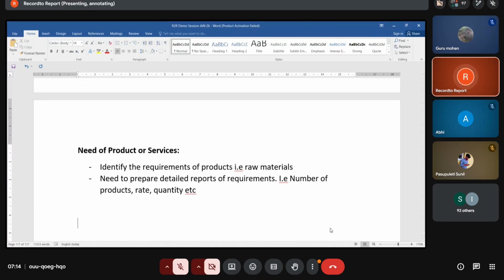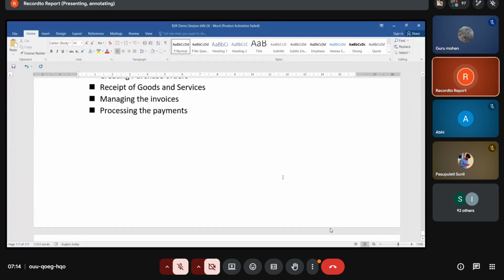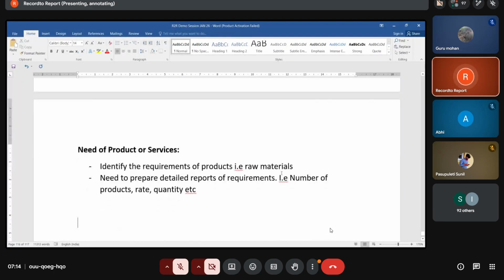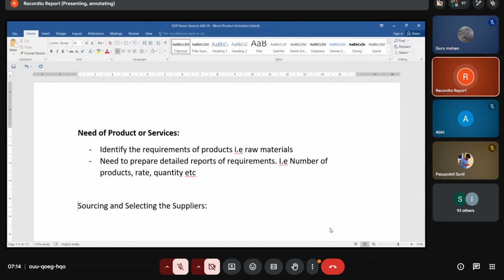The second activity, after preparing the need of product or services, is sourcing and selecting the suppliers. If you want something, first we identify our requirements. Once the requirement is identified, the next important step is identifying the suppliers who will deliver that particular product.